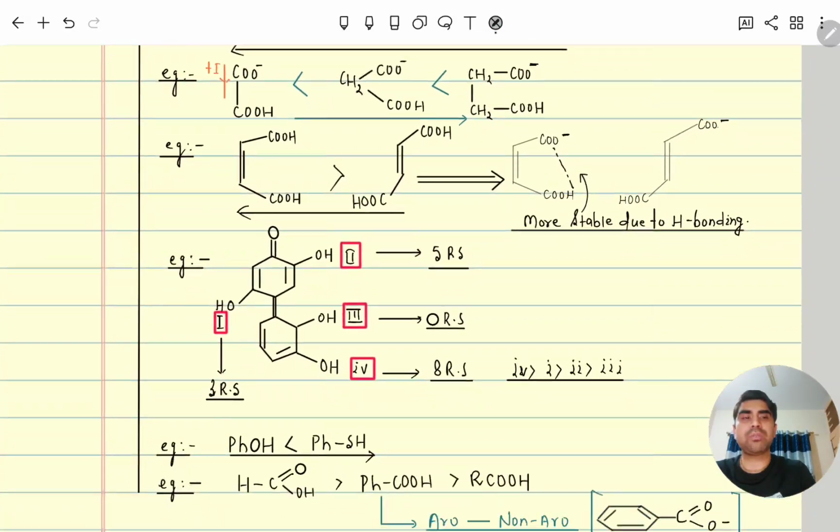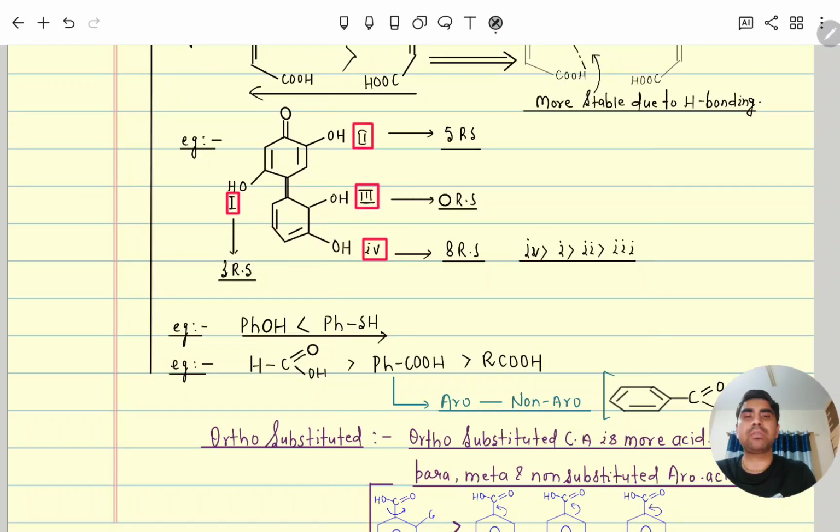Similarly, coming back to this compound, you can see we need to calculate the acidic strength of this aldose. In that, the first has 3 resonating structures, so 1, 2, 3.